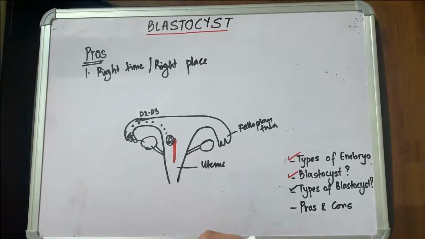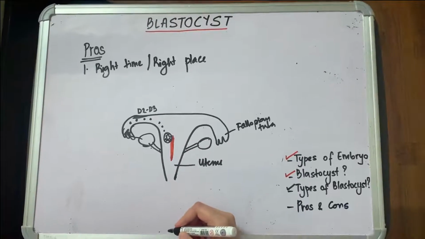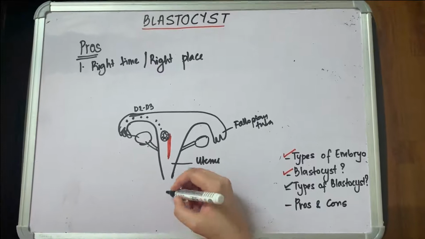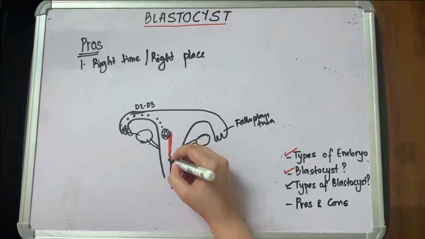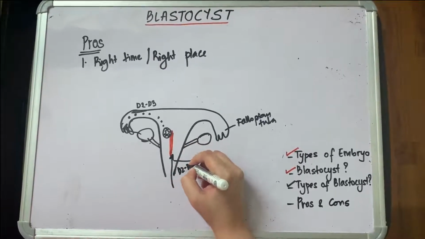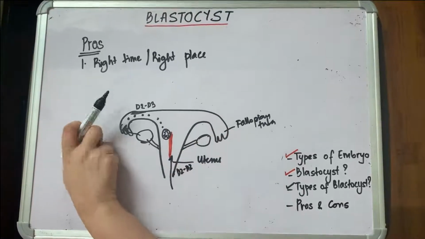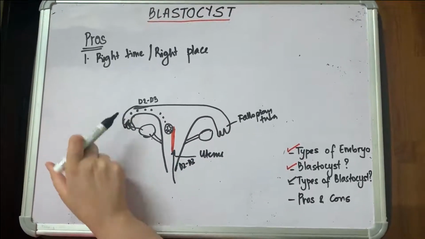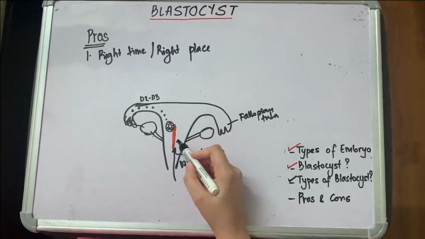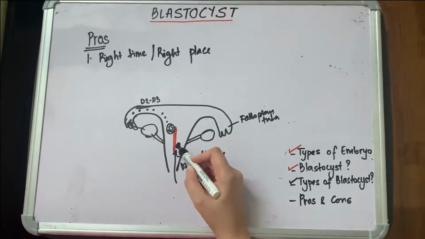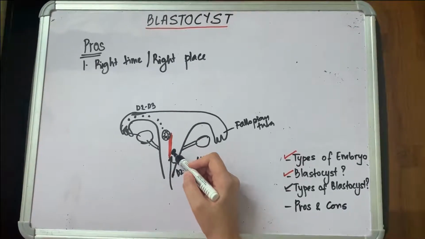So now when we are doing an IVF, imagine putting a cleavage stage embryo. We will put it in the uterus on day 2, day 3, but technically in a normal human conception, it's still in the tubes. So the embryo floats in the uterus for 2 days until it reaches a blast.